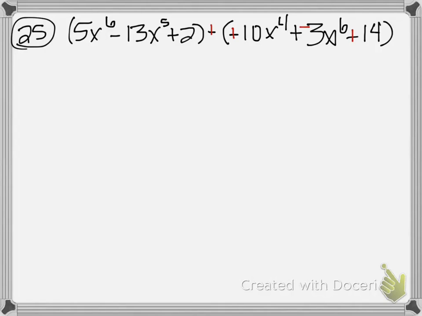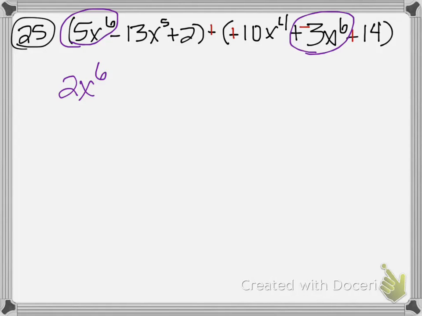Because I want to write it in descending order, I like my exponents to decrease. So it looks like I have 5x to the 6th, and I have a minus 3x to the 6th, which gives me 2x to the 6th. And then I have nothing else that can combine.